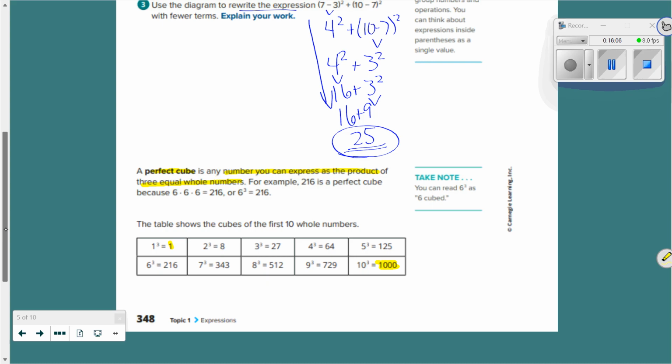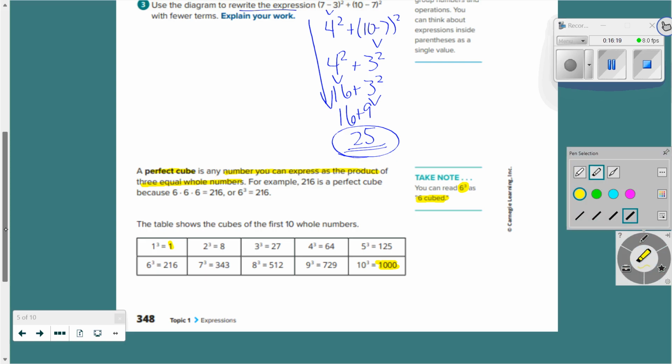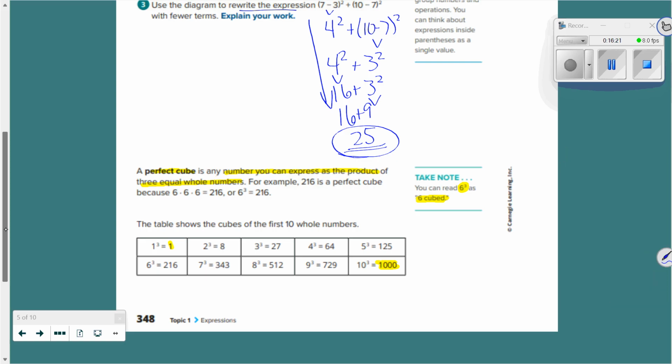We do have two different terms. If I have a power of 3, mathematically, I'm going to call that 6 cubed. We'll give you another way to say it in just a minute. One that was on the previous page that we skipped that I do want you to take note of: if I have an exponent of 2, I call it squared.